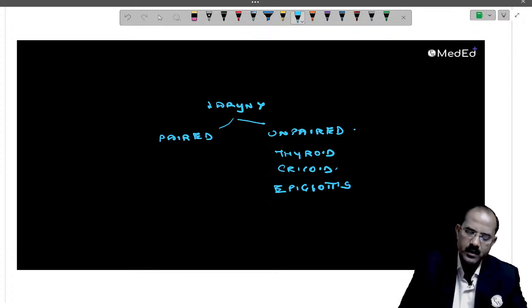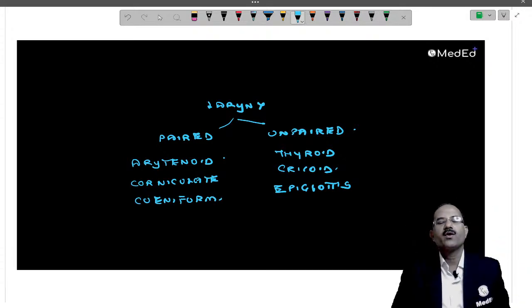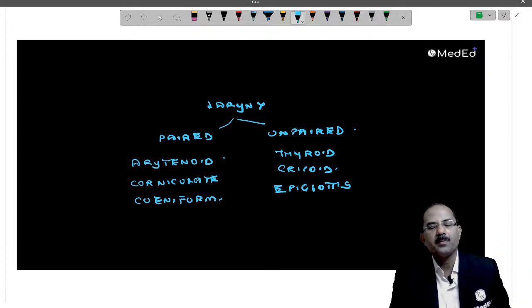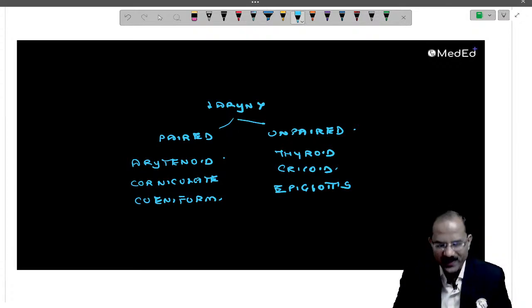Which are the paired ones? Arytenoid, corniculate, cuneiform. So arytenoid, corniculate, and cuneiform are the paired cartilages, and unpaired cartilages are the thyroid, cricoid, and epiglottis.